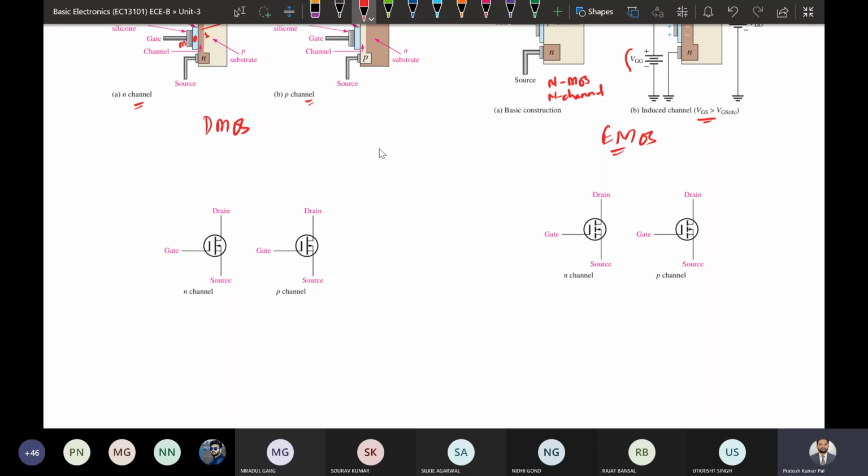If it is N channel, the substrate will be connected to the source, and the arrow direction will be inward. If it is P channel, the substrate is again connected to the source, with drain and gate. So this is the symbol for the depletion type MOSFET.